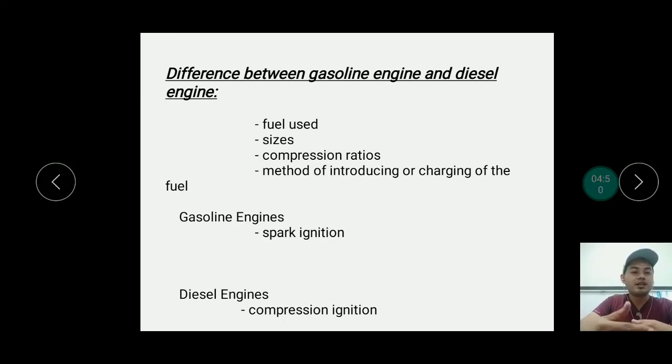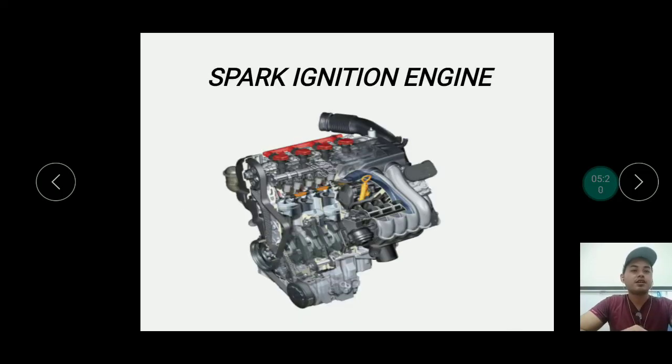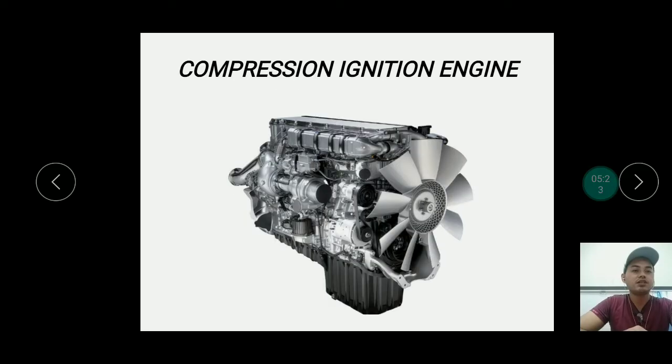If you compress the air too much, you will have early combustion, which will be detrimental to the rotation of the engine and also to the efficiency of the engine. That's why they use a spark to control the time of combustion. Okay, this is an example of a spark ignition engine for cars, and this is a compression ignition engine.